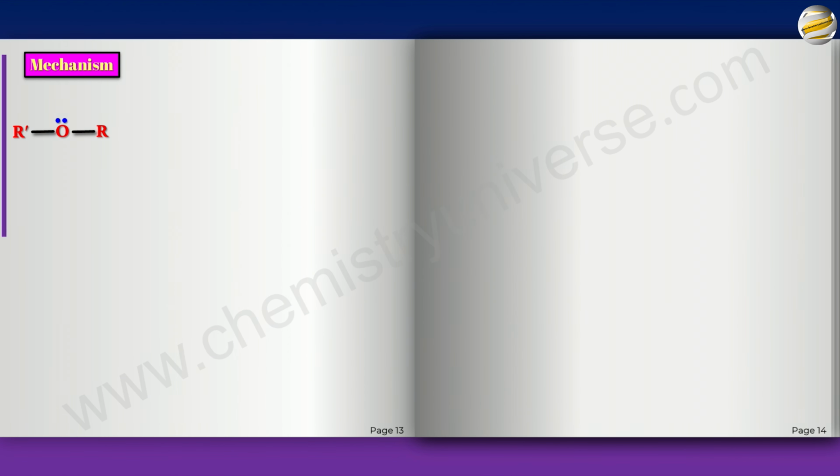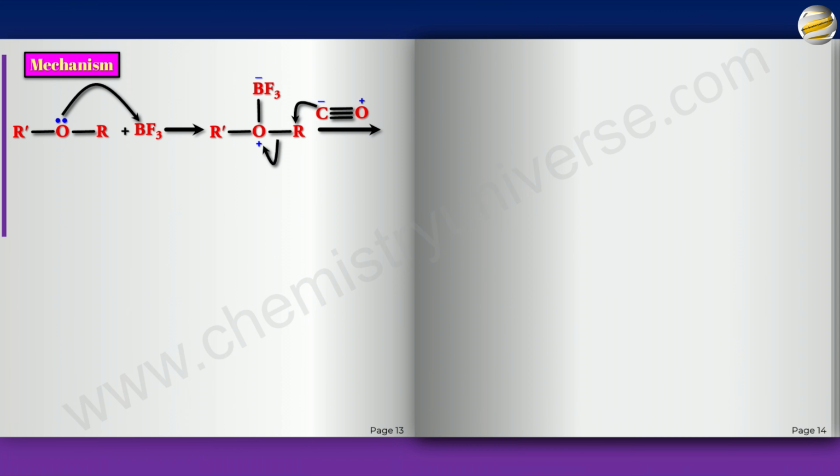You have the ether, BF3, obviously you know why it is used. And now the CO has C minus, which will act as a nucleophile. It will attack one of the R, and this bond will break. So which R will it attack? Same rule.